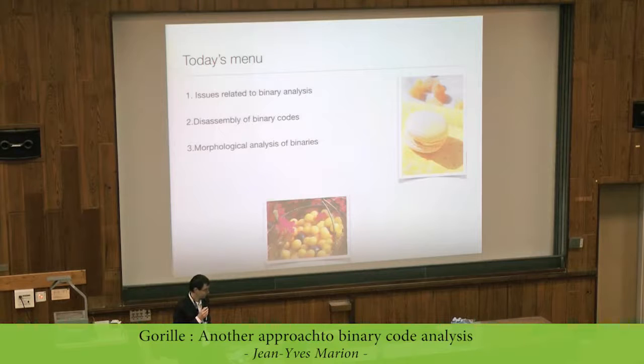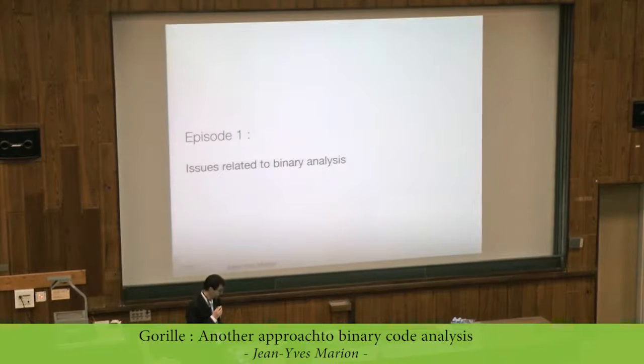And then I will briefly discuss this software that we now call Gorille in English, which allows us to analyze binary codes, find similarities, identify functions, and we'll see at the end, if it works, a short demo.